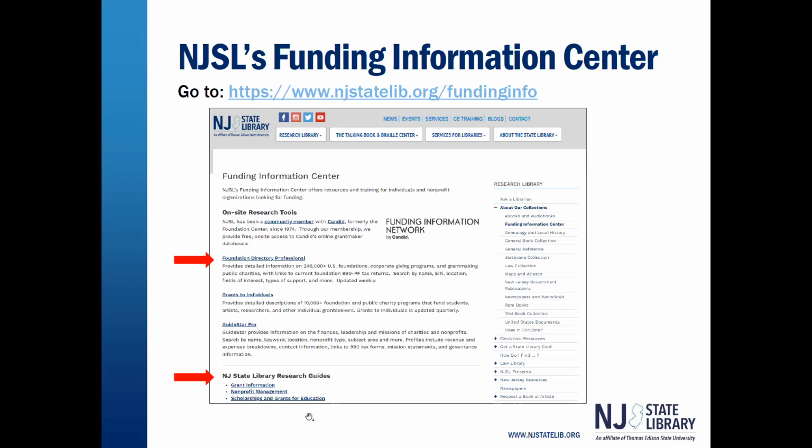And it has links to our research guides, as well as some tutorials and just a description of our print collection. So definitely check out that website if you haven't already. I will show you our grant information guide after our demonstration of the database, so that you know what you're looking at when you get into that research guide.